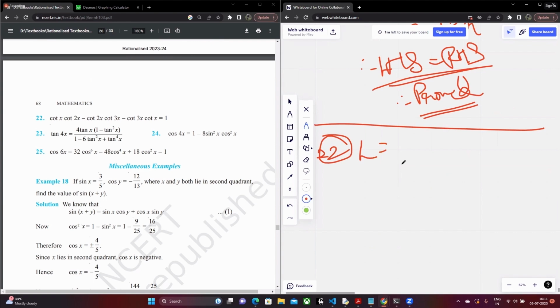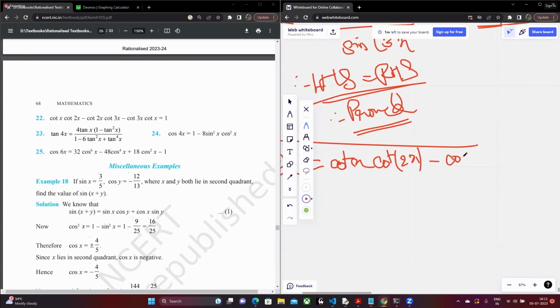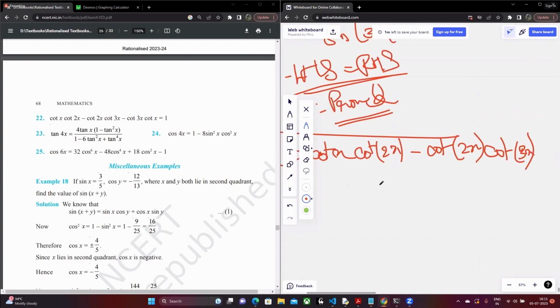Since the right hand side is basically one number, that is 1, I take the left hand side, that is what I can simplify. So I'll write the left hand side out first. Cot x cot of 2x, minus cot 2x cot 3x, minus cot x cot 3x.